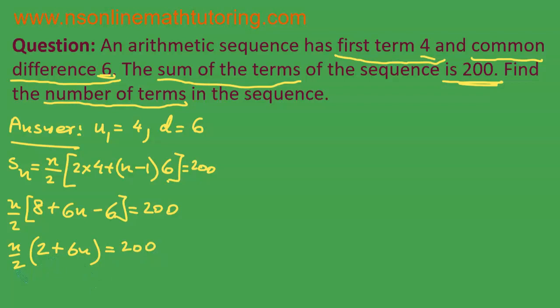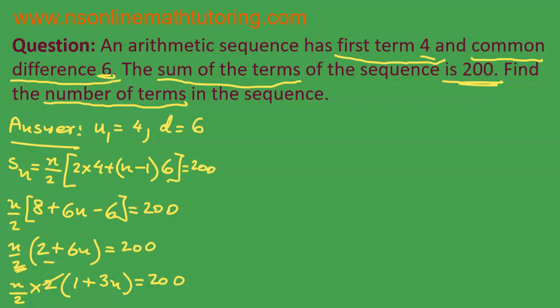I want to get rid of this denominator 2, so I take out a common factor of 2 from the parenthesis. That is n over 2 times 2, and within the parenthesis we have 1 plus 3n, because 2 times 1 is 2 and 2 times 3 is 6, is equal to 200.